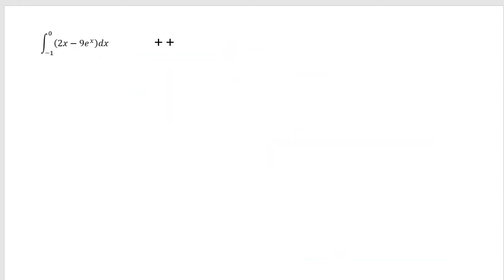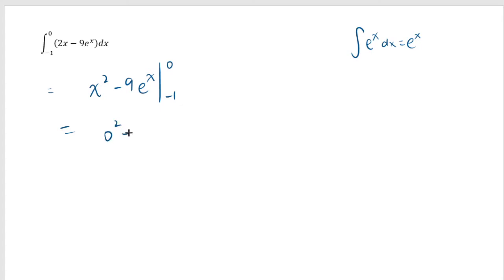This one, you have to know the integral of e to the x is e to the x, and the antiderivative of 2x is just x squared, right? So that's a rather easy question. When you plug in 0, it's 0 squared minus 9 times e to the 0th, minus negative 1 squared minus 9 e to the negative 1.